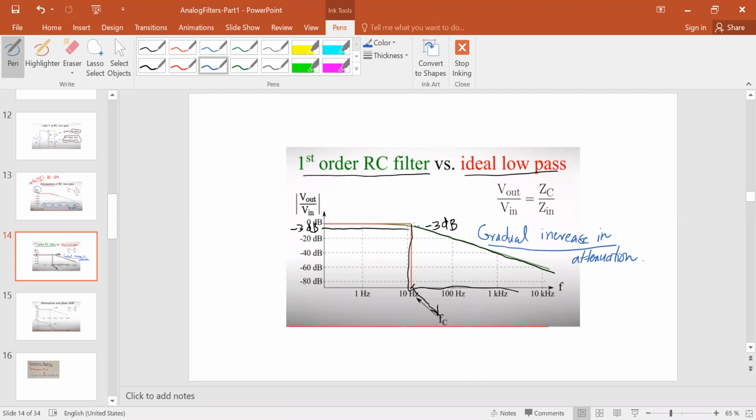It's a sloppy behavior. It goes down, down, down, down. So it has this slope. So this is an actual first order RC filter. Whereas the red one is the characteristic that we see with an abrupt change. Here it comes and abruptly it goes down. This is the ideal low pass filter.